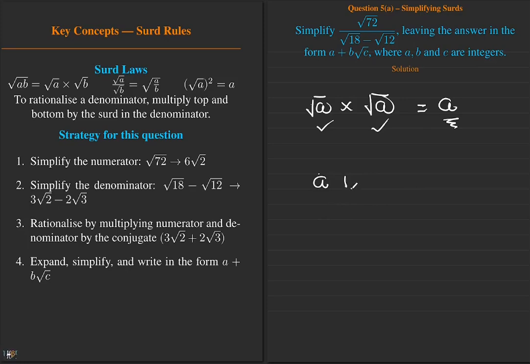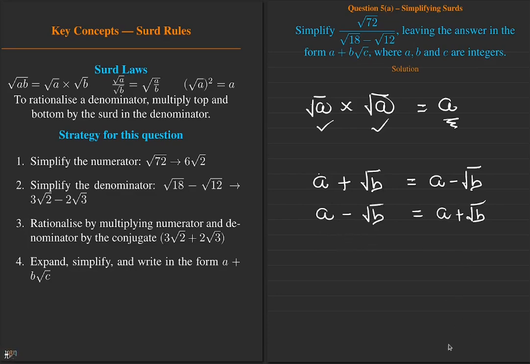By negation, I mean if it is a plus over here, root b, then its conjugate becomes a minus root b. If it is a minus root b, then its conjugate also becomes a plus root b.